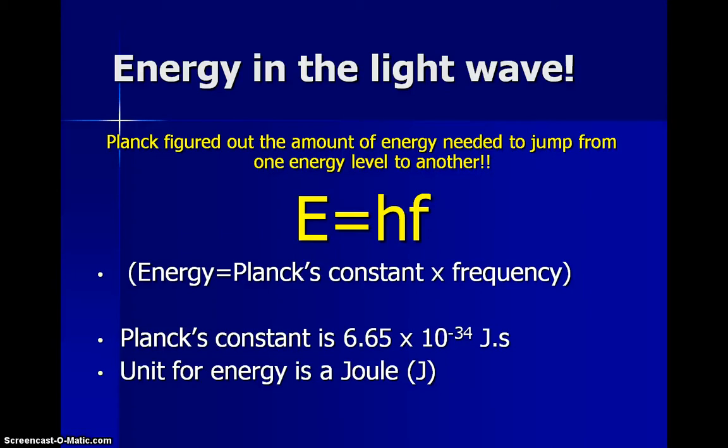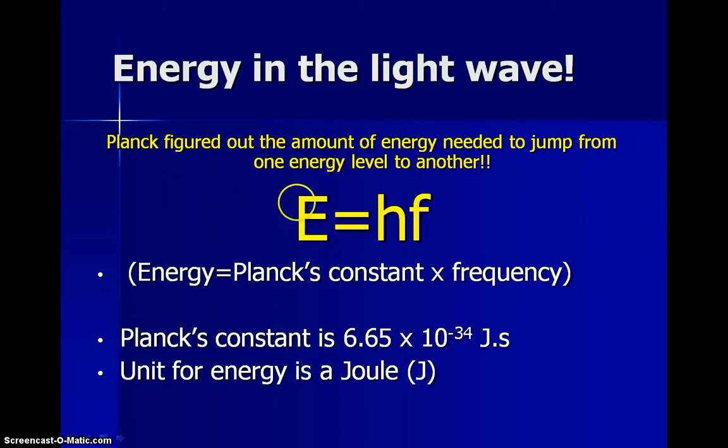So we said that a wave that has a really small wavelength has a very high frequency. And a really high frequency means it has a lot of energy. A wave that has a really low frequency and is sort of a sluggish wave, it has a low energy. So the equation for calculating the amount of energy that a wave of light has is this.